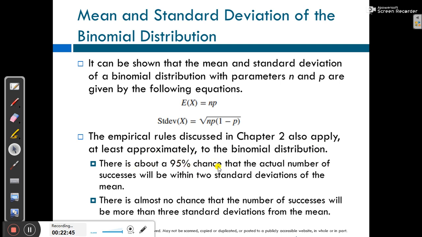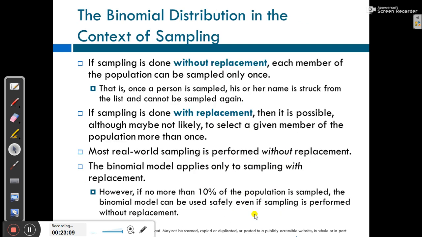There is about a 95% chance that the actual number of successes will be within two standard deviations of the mean. So here also we can say that 95% of the time the number of successes will be within twice the standard deviation, and there is almost no chance that the number of successes will be more than 3 standard deviations from the mean.